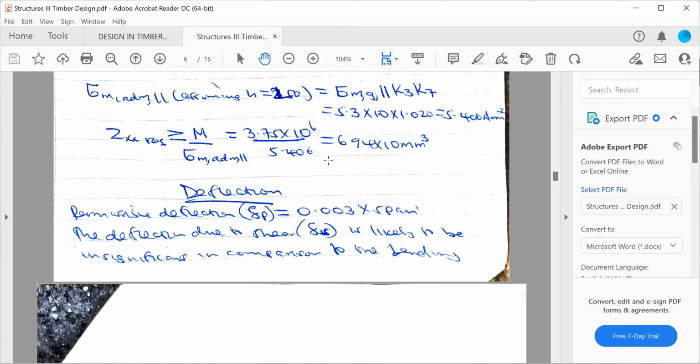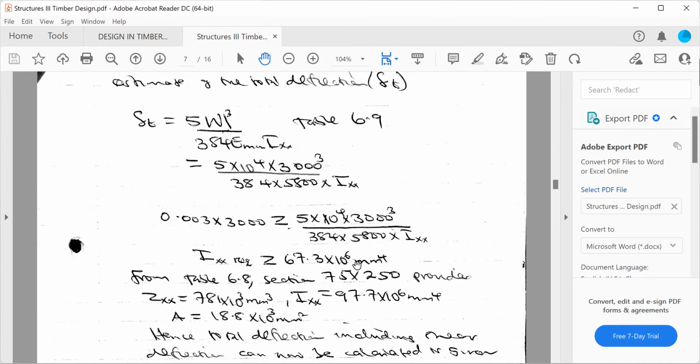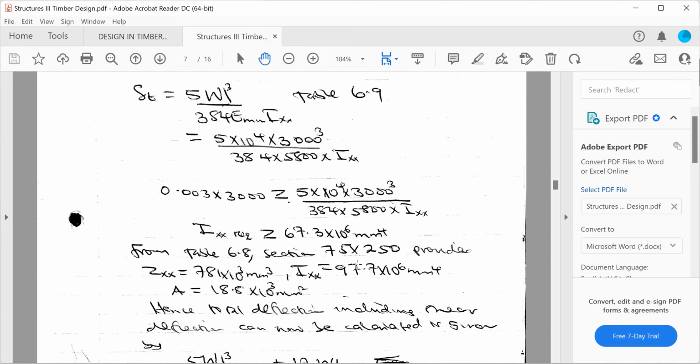Now, when I go to the table of section property, I look for a section with ZXX greater than this and IXX greater than what I have calculated. But remember we said the depth of our section is 250. So when you go to the table, ensure you only look at sections with a depth of 250. So 250 is fixed. We cannot move away from it.